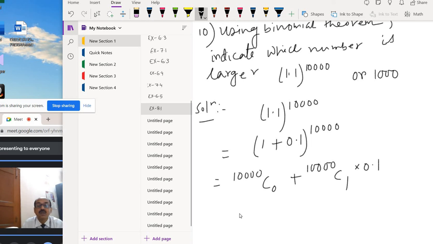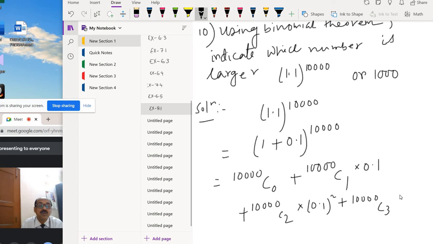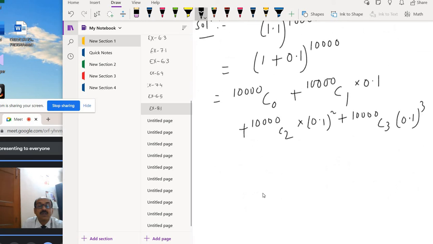Plus 10,000 C2 into 0.1 square, plus 10,000 C3 into 0.1 cube, and so on.